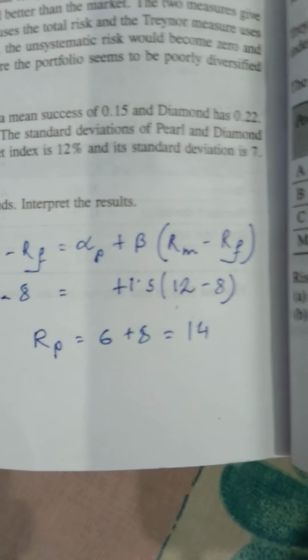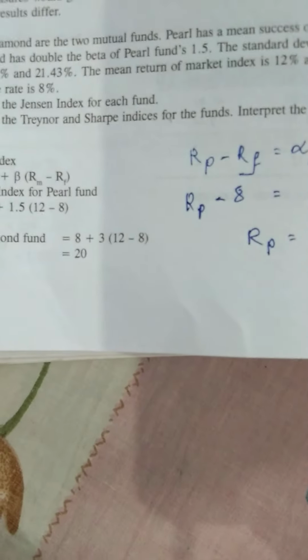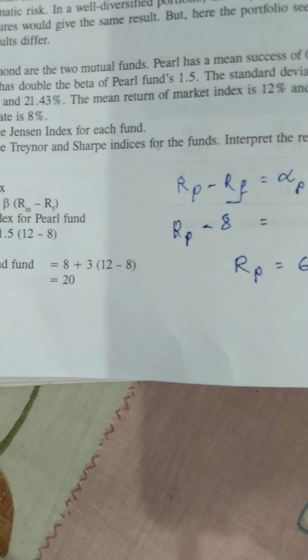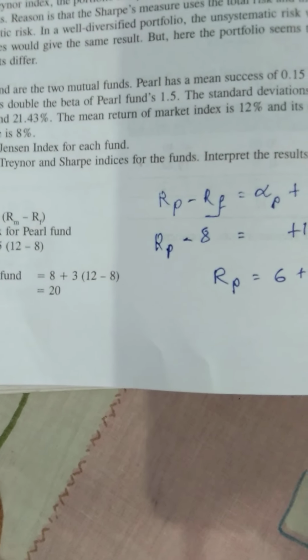In the same way we can calculate the return for the Diamond fund. We have not done it, but it has been shown in the books, and you can do it in the same way. RP minus RF equals alpha P plus beta into RM minus RF. Again, what will be RM minus RF? 12 minus 8, and it should be multiplied by 3. Why is it 3? Look at the question. Diamond has double the beta of the Pearl fund, 1.5. And RF will be 8. Automatically it becomes 22.